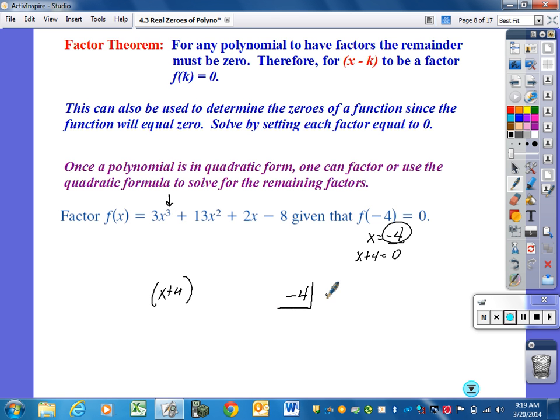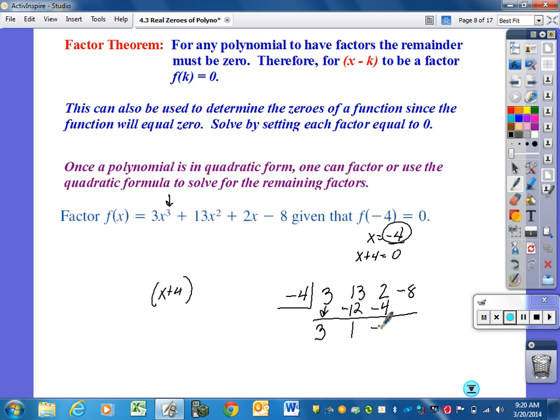Third degree, 3. Second degree, coefficient 13. First degree coefficient 2. Constant coefficient, negative 8. Draw my line, bring down my first term. 3. Negative 4 times 3, negative 12. Add 1. Negative 4 times 1, negative 4.